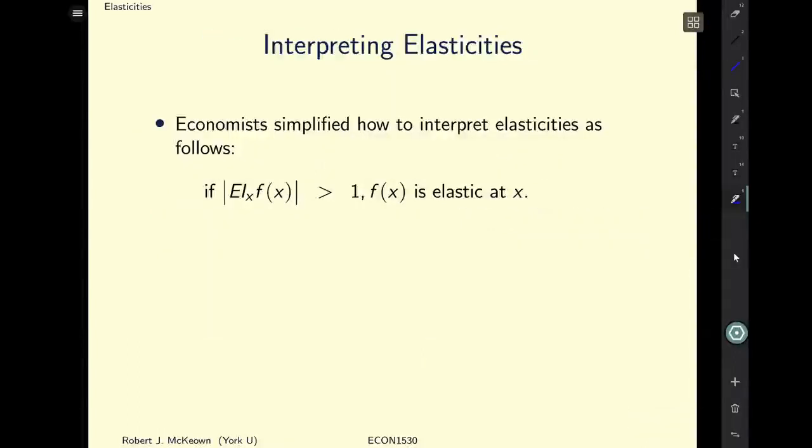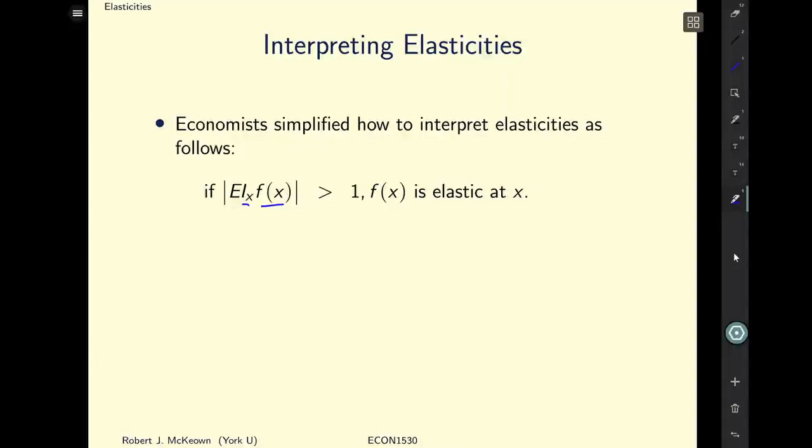Now remember how to interpret an elasticity. If we have the X elasticity of f of X, so for example, before we had the price elasticity of demand, if it was greater than 1, we would say that demand was elastic.